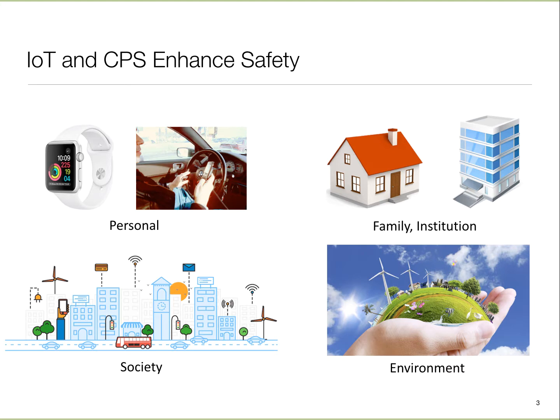The premise behind what I'm going to cover is that if you think about these IoT, CPS, and embedded systems, a lot of them are intended to enhance our safety, whether it's monitoring our health, our driving habits, or the security of our homes.